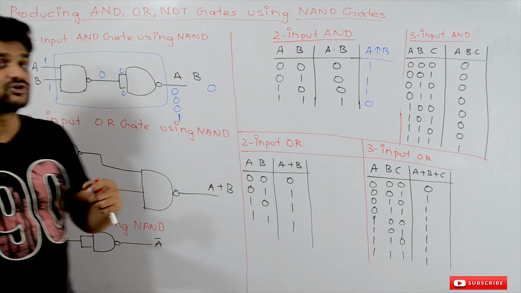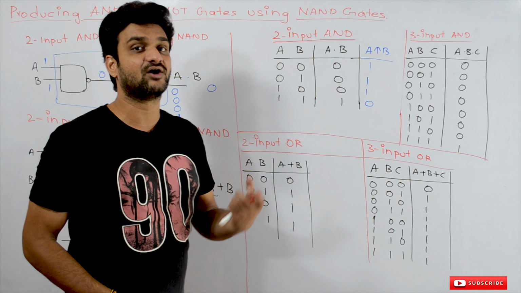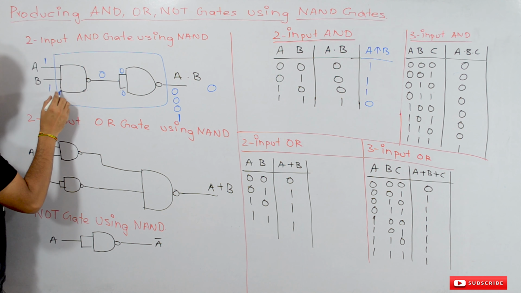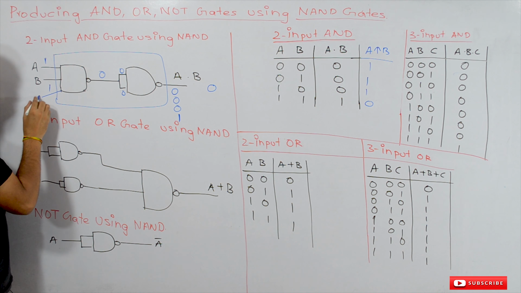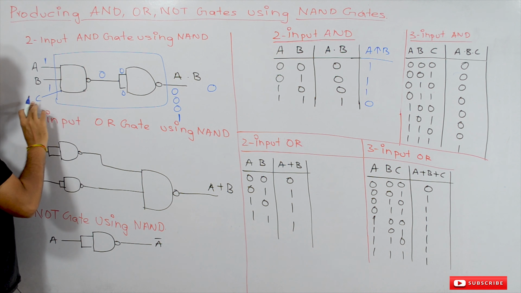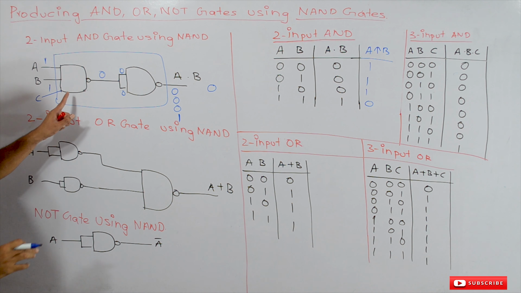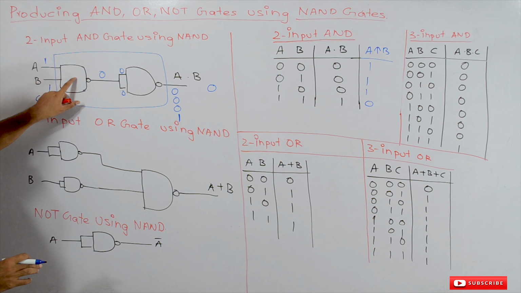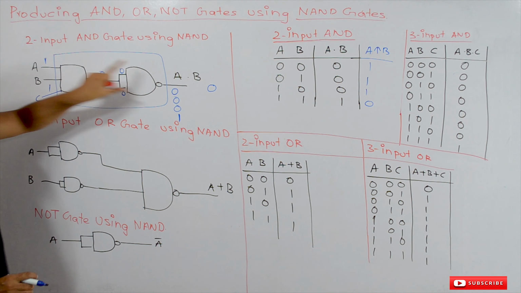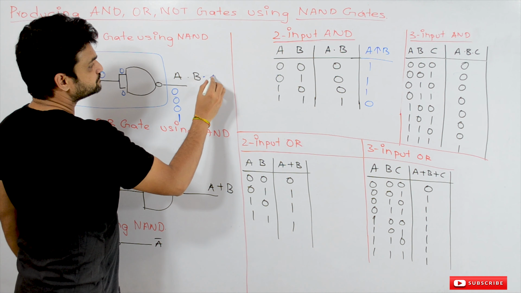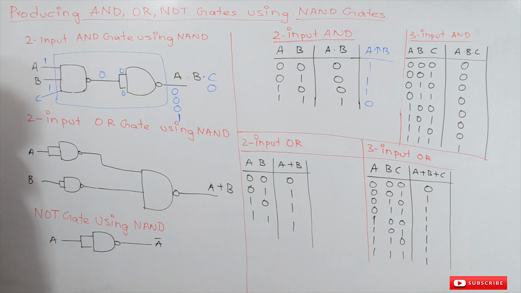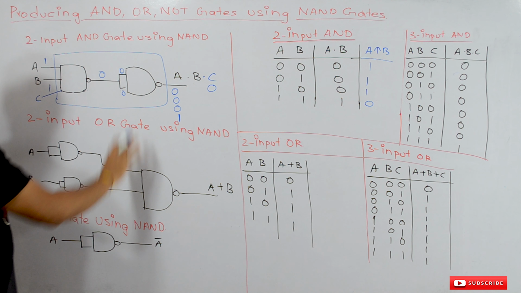For example, if you want to create a 3-input AND gate, how to do that? It is very simple. Same circuit, but an extra input will be provided. So a 3-input NAND gate will be taken here, and with the same circuit we are going to produce a 3-input AND gate. So A dot B dot C is going to be produced.